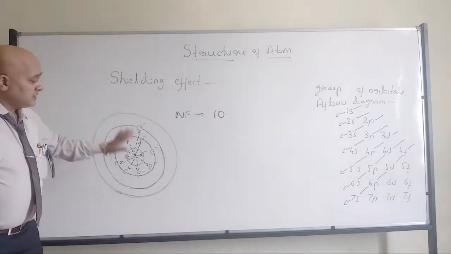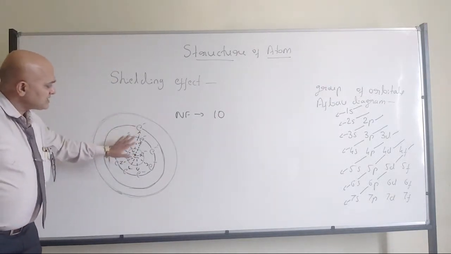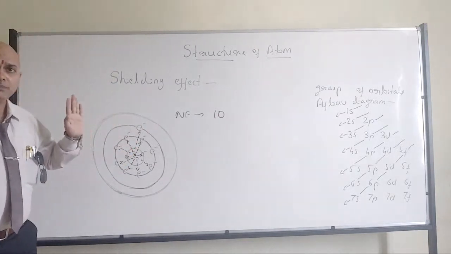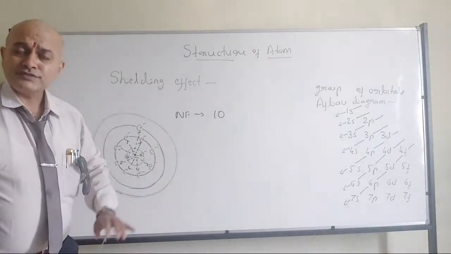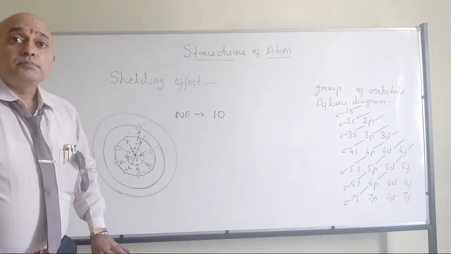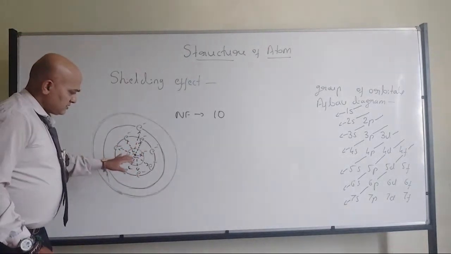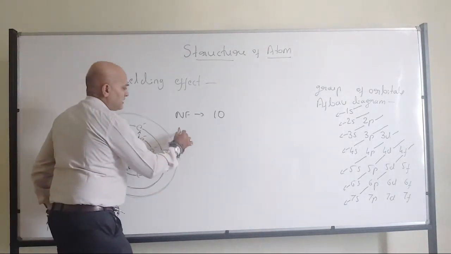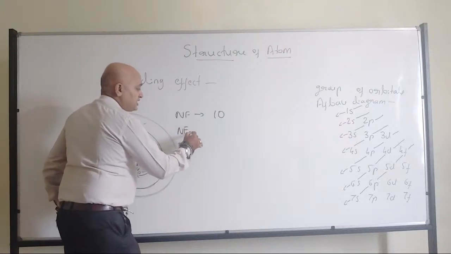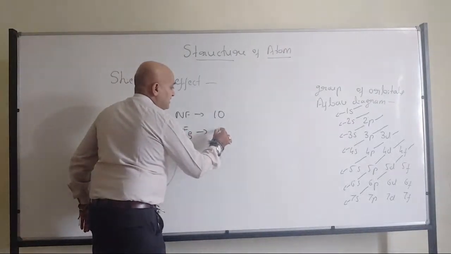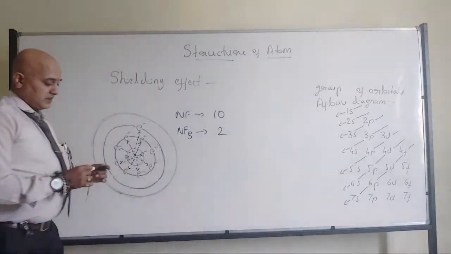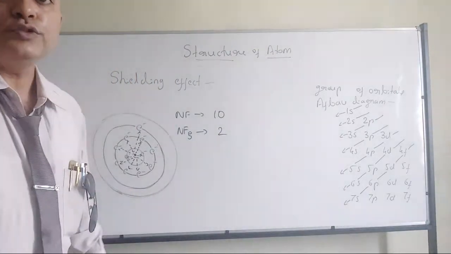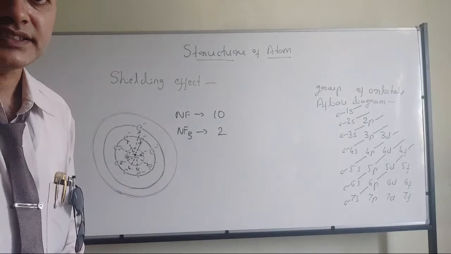We will imagine no electrons, only this electron and the nucleus, the value will be 10. That force value will be 10. But now, when these electrons are present, due to the shielding effect, it will get reduced to 2. Nuclear force is getting decreased.